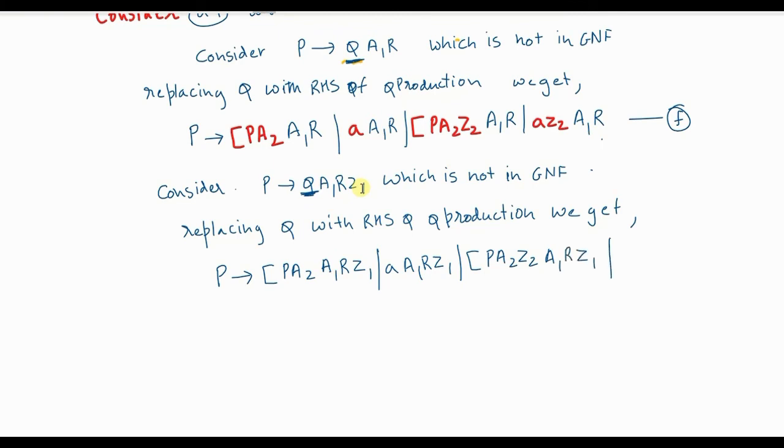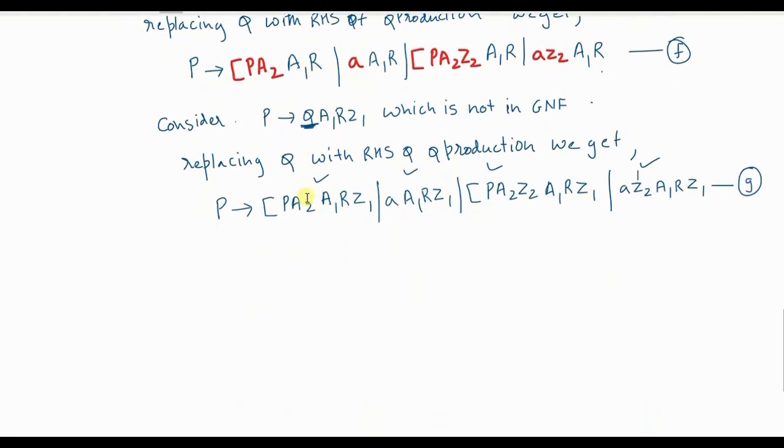Then there is another term that is remaining, AZ2 followed with A1RZ1. I will just call this G. So now you see each of the terms here are all in GNF. So we have converted each production into GNF.